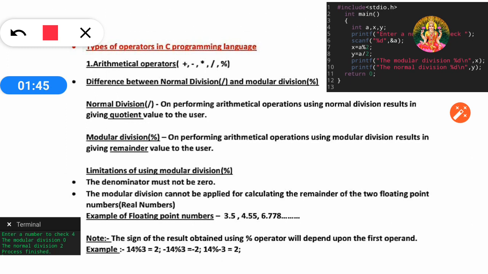So in mathematics we use the addition sign for adding two numbers, the subtraction sign for subtracting two numbers, and the multiplication sign for multiplying two numbers, which is similar to that in C programming language. Okay, but in mathematics there exists only one kind of division, which you know by this sign.